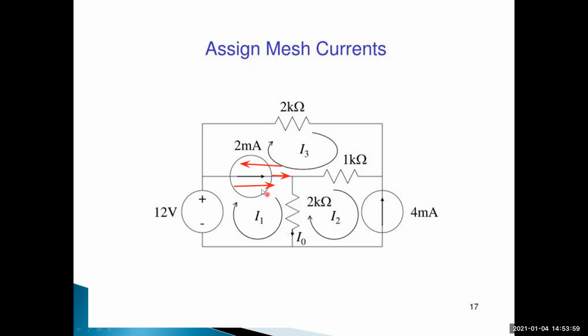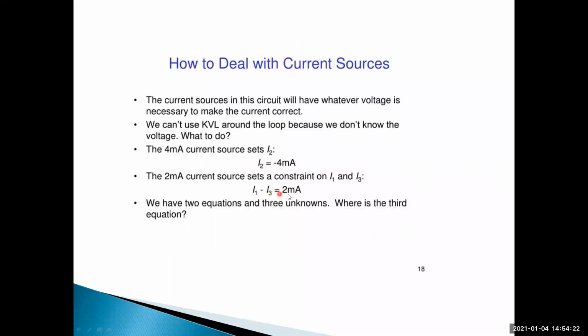But the 2 milliamps current source direction is like this. Then I1 minus I3 is equal to this current, 2 milliamps. Because I1 is higher in magnitude, only then does the current go like this. Otherwise, it is the opposite direction, minus. Understood this concept? That's why I1 minus I3 is equal to 2 milliamps.